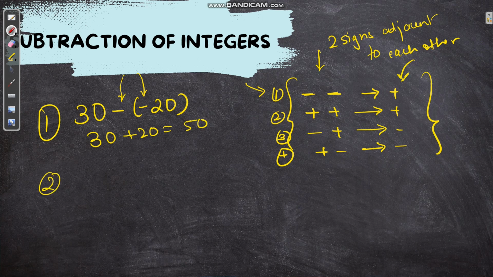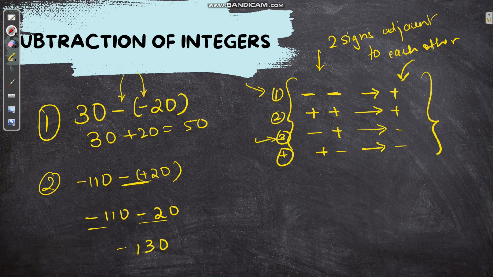Second question, minus 110 minus of plus 20. Whenever you have such a question, adjacent signs are minus and plus. Point number 3 says minus and plus is always minus. So 110 minus 20. Now this is simply two integers with the same sign, you add them up, that is 130.